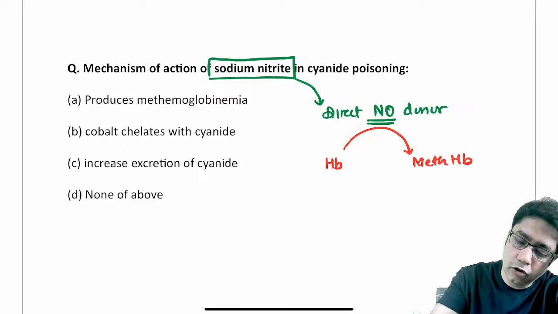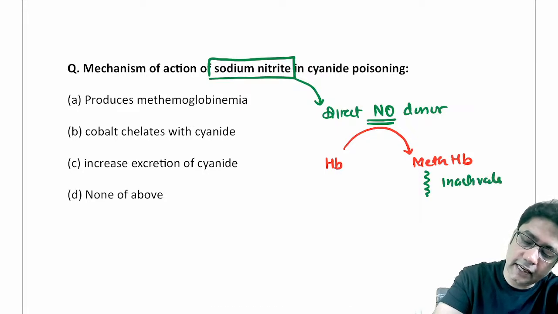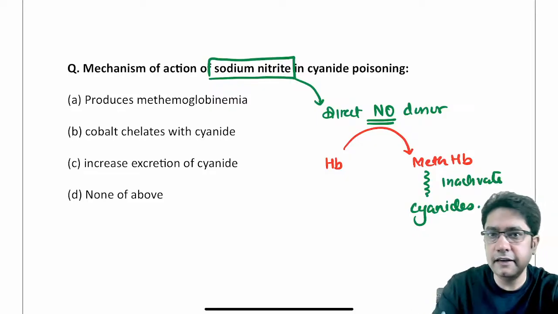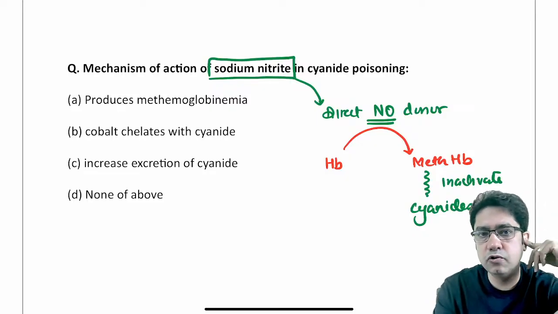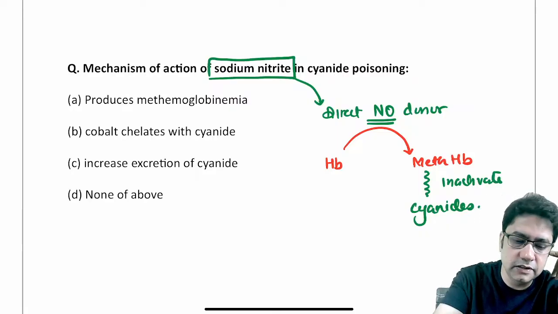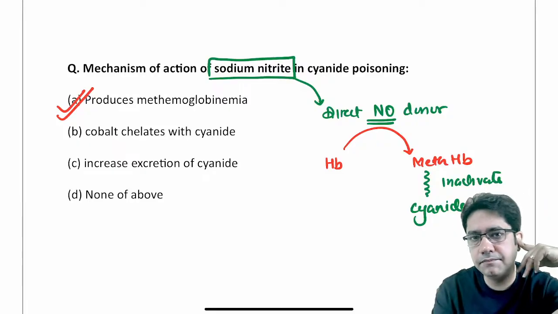And this methemoglobin directly binds to cyanide, so it will inactivate cyanide directly. So this is how sodium nitrite will act. So what is the answer? The answer of this question comes out to be A. I hope you have understood the mechanism.